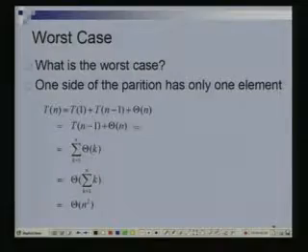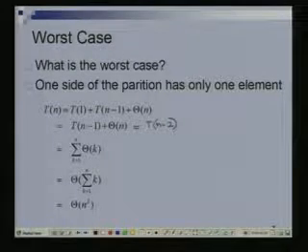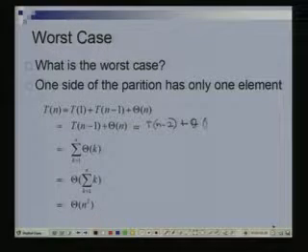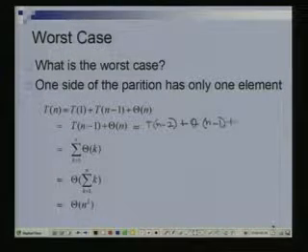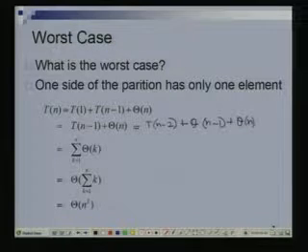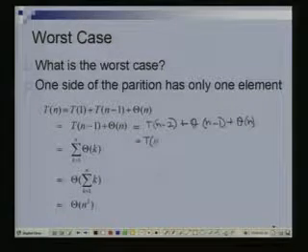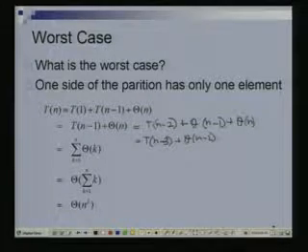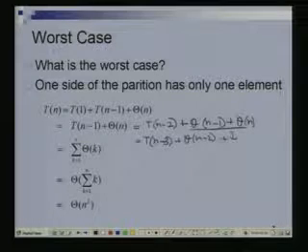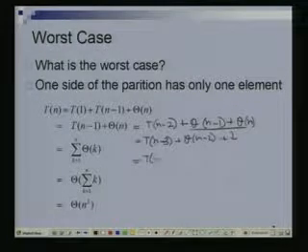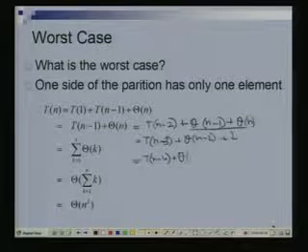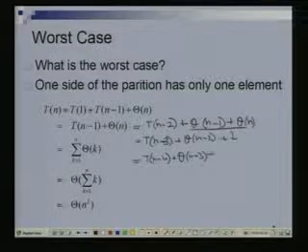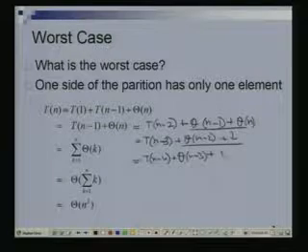Okay. So all I am saying here is this is then equal to T of n minus 2 plus theta of n minus 1 plus theta of n, which is T n minus 3 plus theta of n minus 2 plus this term, which is equal to T n minus 4 plus theta of n minus 3 plus this entire thing, and so on and on.